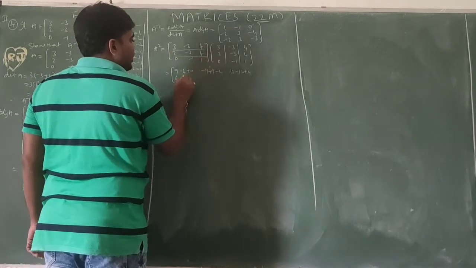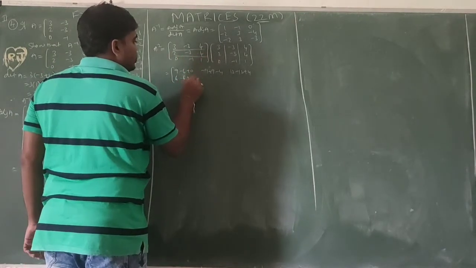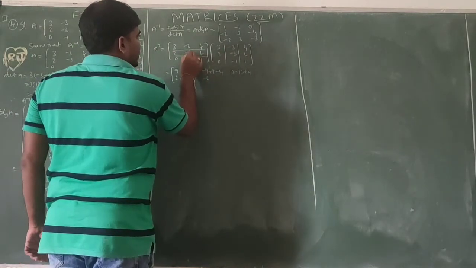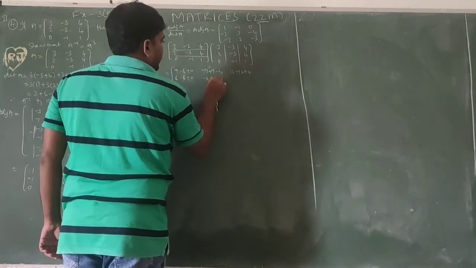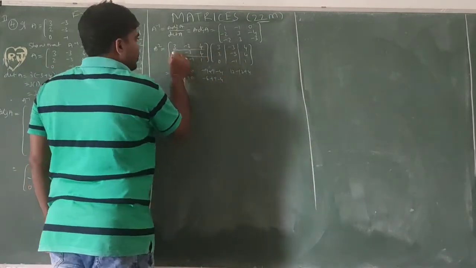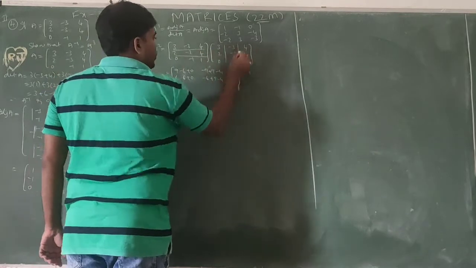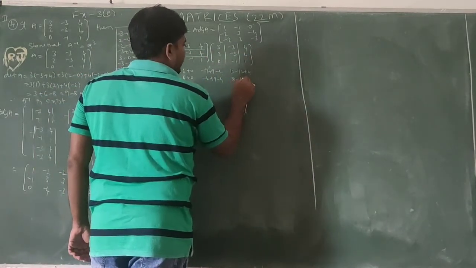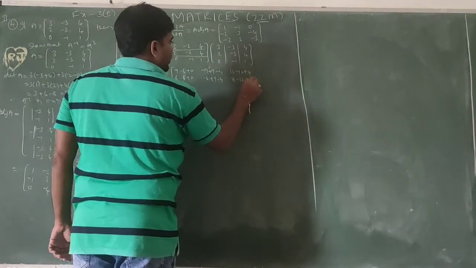Next, 2 into 3 is 6, -3 into 2 is -6, 4 into 0 is 0. 2 into -3 is -6, -3 into -3 is plus 9, 4 into -1 is -4. Second row third column: 2 into 4 is 8, -3 into 4 is -12, 4 into 1 is 4.